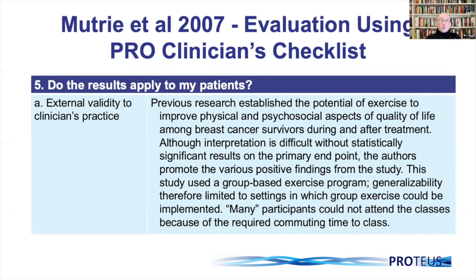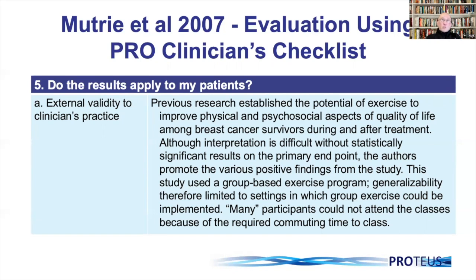This study used a group-based exercise program. Generalizability is therefore limited to settings in which group exercise could be implemented. Many participants in the trial were stated to have not been able to attend the classes because of the required commuting time to class, perhaps explaining the missing data.